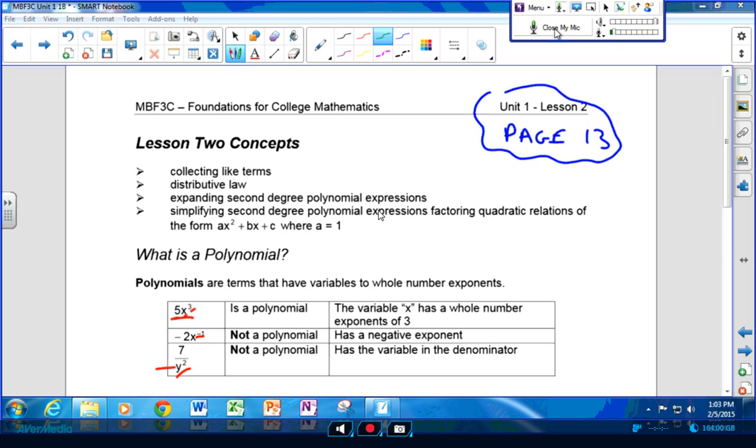Now, what we were looking at yesterday, we kind of got started with lesson 2. I'm going to back up a little bit. I'm not going to just reteach the whole thing, but I am going to back up a little bit in lesson 2, just to make sure that we have a good, solid foundation. This particular topic in chapter 1, algebra, it depends on what you saw before, how you'll find it.